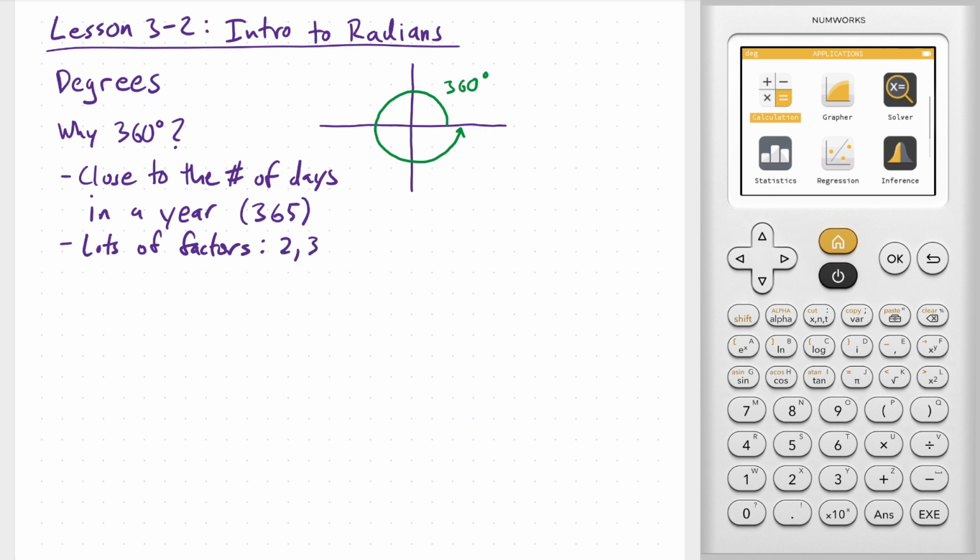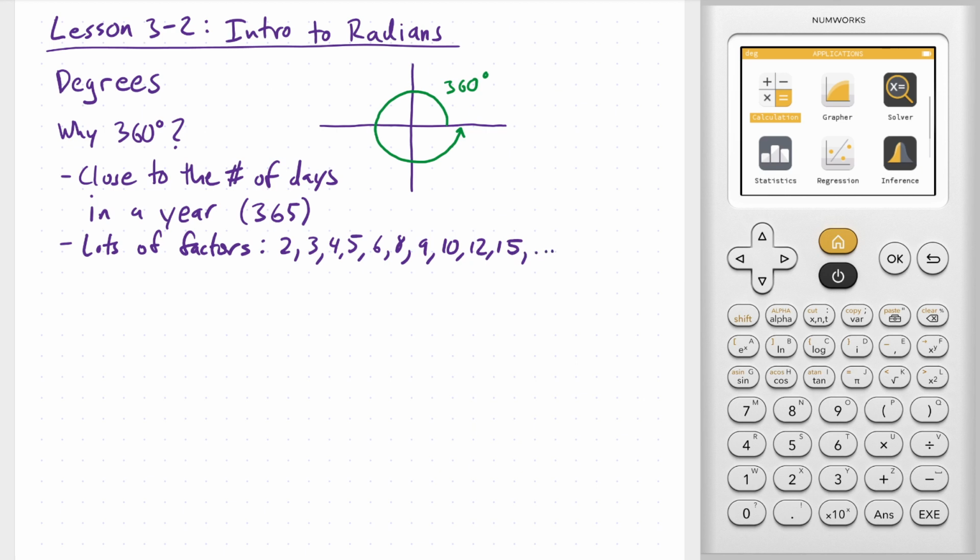So 2, 3, 4, 5, 6. 7 is actually the first natural number we come to that is not a factor of 360, but then we have 8, 9, 10, skip 11, we get 12, and then I think we skip to 15, skip 13 and 14. So I'm not going to list them all, but suffice it to say, there are a lot of factors.